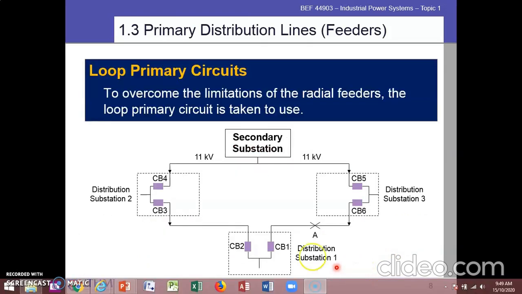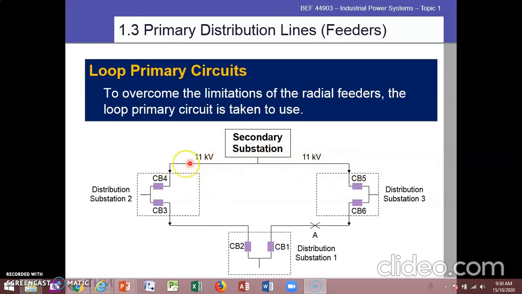Okay, next we go to the loop primary circuit. This one is the circuit for loop primary. To overcome the limitation of the radial feeders, the loop primary circuit is used. We can see here there is one secondary substation with two outgoing lines.